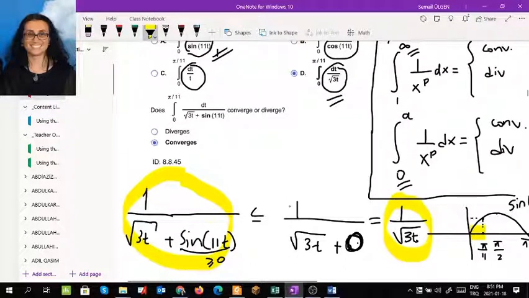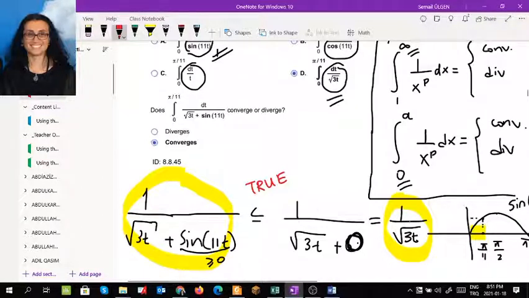We can put a big check. Since it is true, f is less than g, and by the comparison formula, the integral is going to be less than the integral of this.